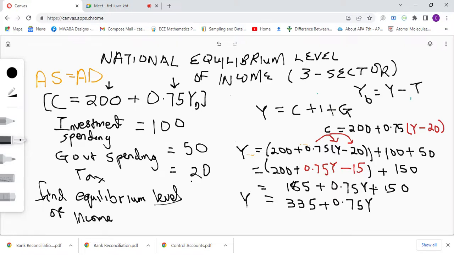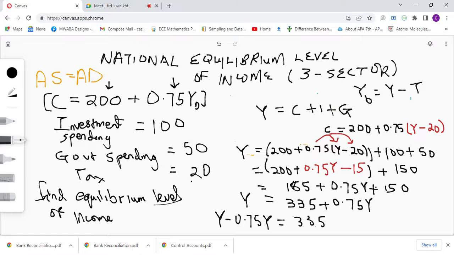So now what we're going to do is combine like terms together. This 0.75y will come over to the left side. So we're going to have Y minus 0.75y equals 335.